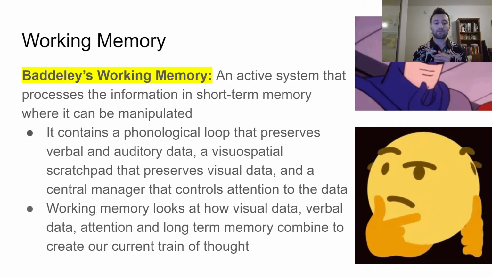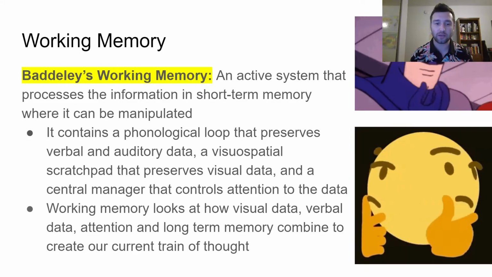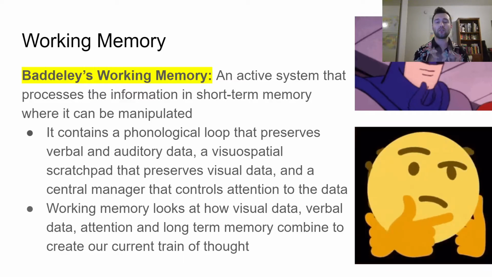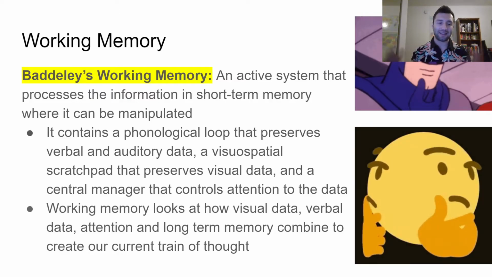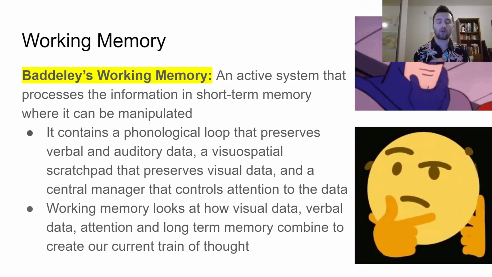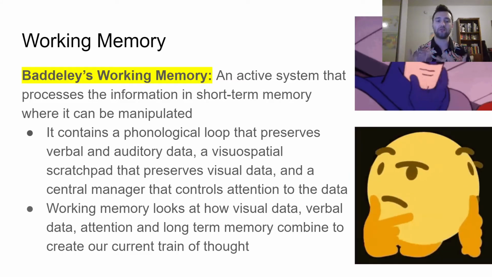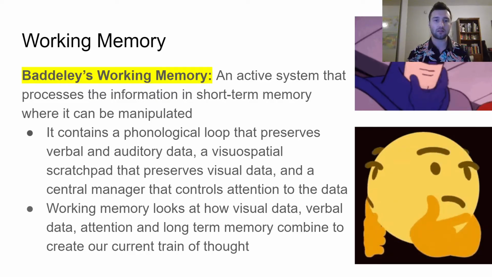Now, what the working memory is actually doing is taking our visual data, our verbal data, our attention, and our long-term memory and combining them to create what we call the train of thought, what you are actively thinking about at the moment.